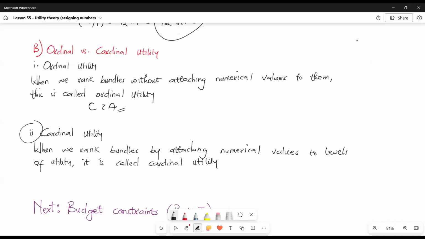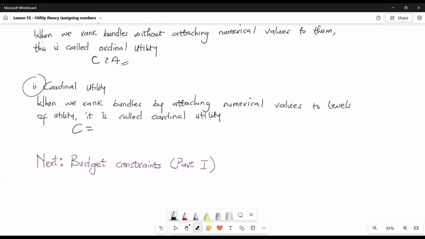In the example that we did in the introduction of this lesson, we see that bundle C gives a utility of 12 utils, and bundle A and bundle B give a utility of 10 utils. Now we have attached numbers, which are 12 and 10, to the level of utility that Ava receives. In this case, it's easy to see that bundle C will be preferred to bundles A and B.